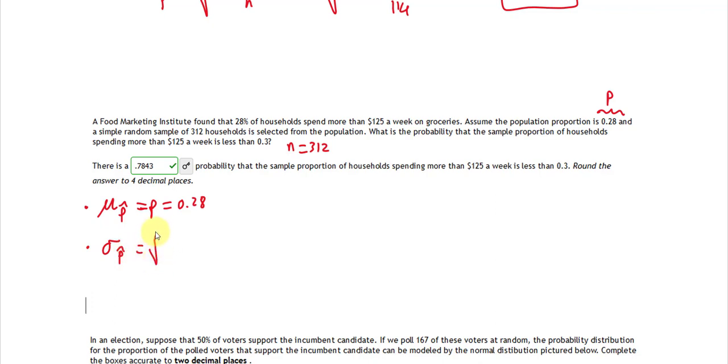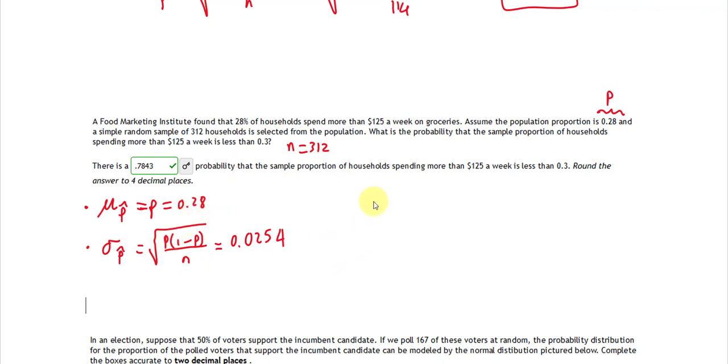Therefore, you have to take the square root of P times 1 minus P over n. It is not simply equal to the population proportion. It has some adjustment here. All right. So if we do that, we will get 0.0254. Okay. n is 112, P is 0.28.